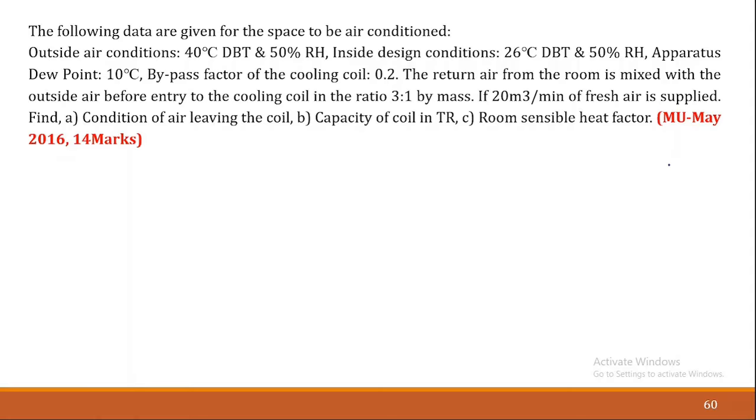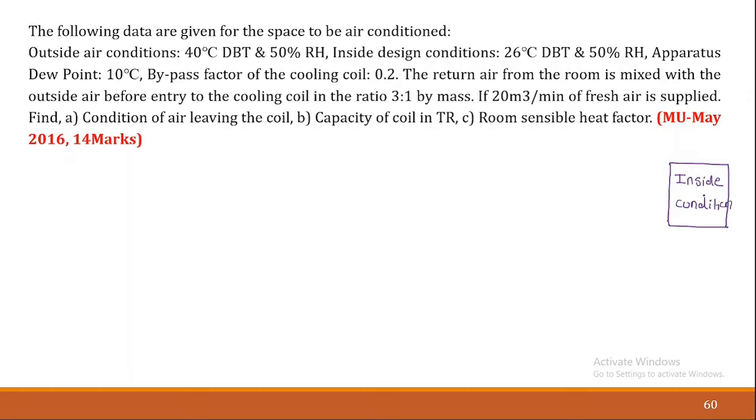For example, let us say we have this room which is to be maintained at given condition, that is inside design condition, at 26 degrees Celsius dry bulb temperature and 50% RH. So this is what inside design condition we can write, or we can say room inside condition, right?